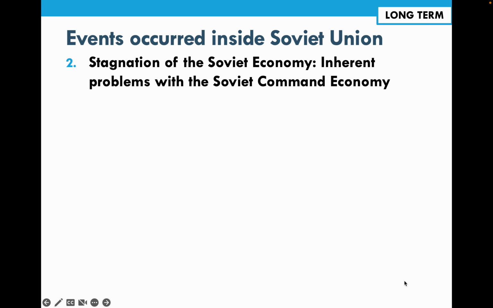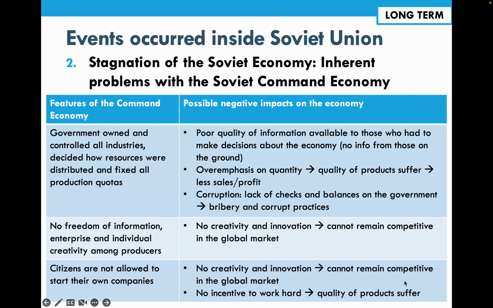The other issue that led to stagnation of the Soviet economy was the inherent problems with the Soviet command economy. On this table here are the features of the command economy and also the negative impacts on the economy itself.